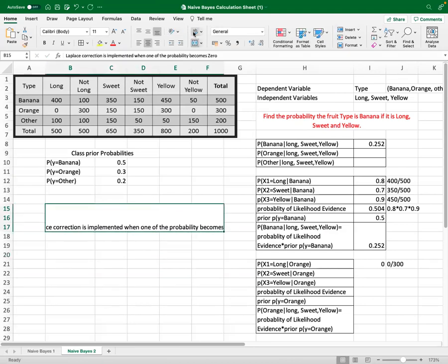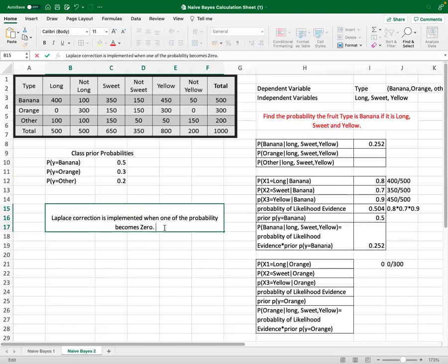So when one of the probabilities becomes 0, Laplace suggested to replace 0 with a smaller value closer to 0 and continue calculation.